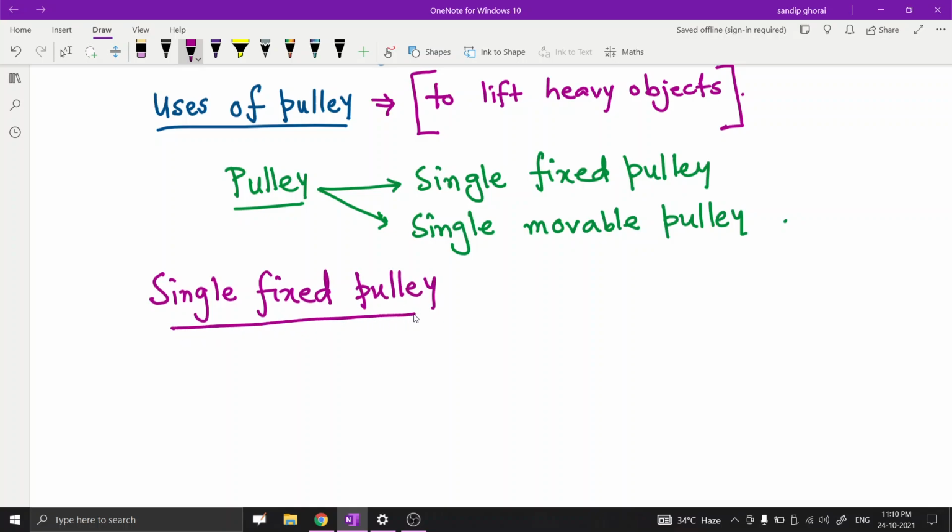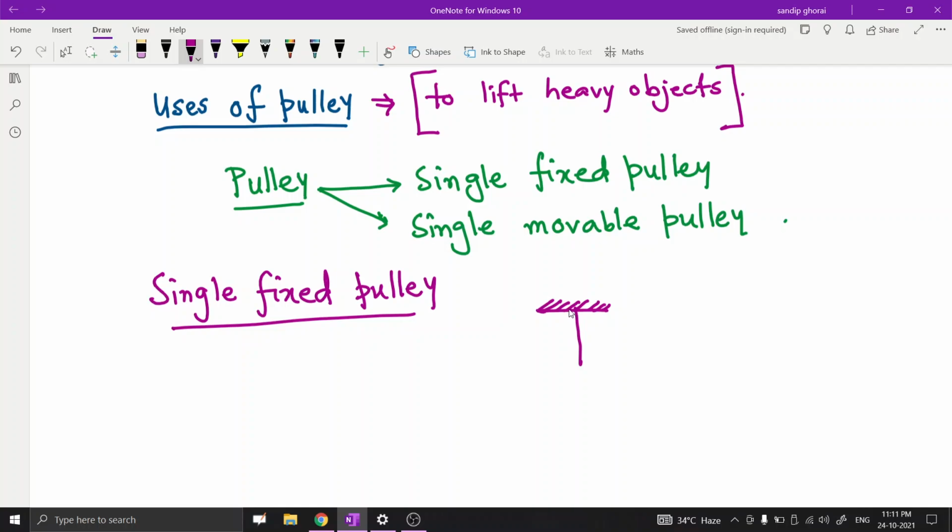So what is a single fixed pulley? A single fixed pulley has a fixed axis of rotation. This is the block diagram of a single fixed pulley. This is a rigid support.